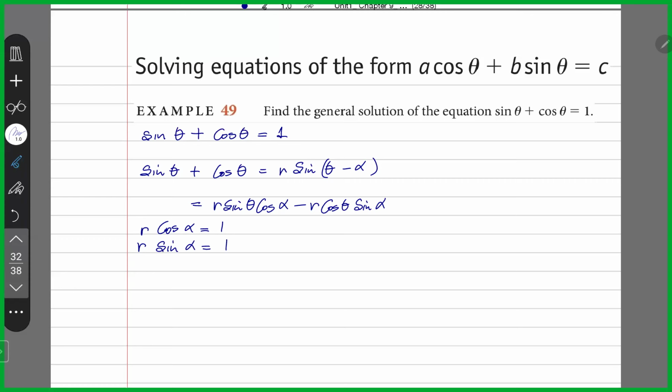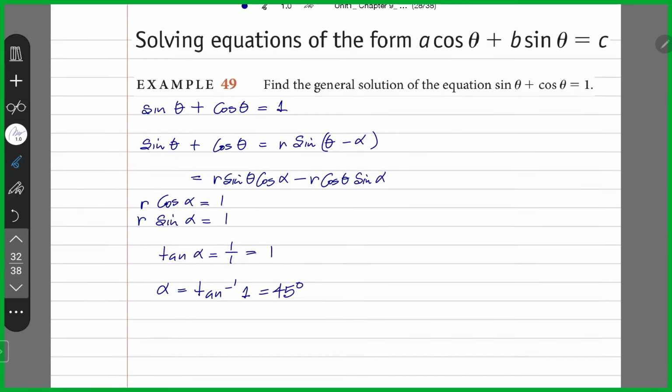Dividing r sin alpha by r cos alpha, I'm going to get tan alpha is equal to 1 divided by 1, which is 1. And so alpha is equal to tan inverse 1, which is 45 degrees. Now that I have alpha, let's find r.